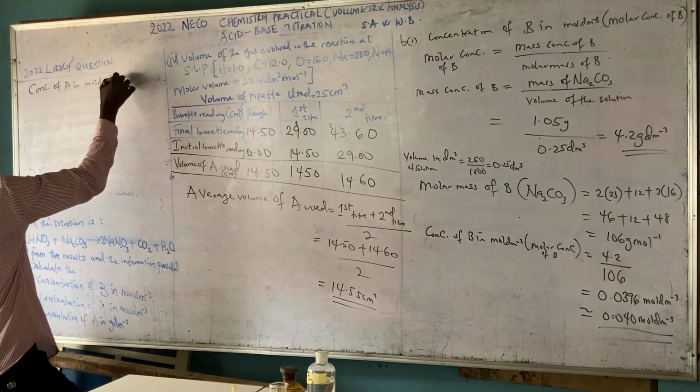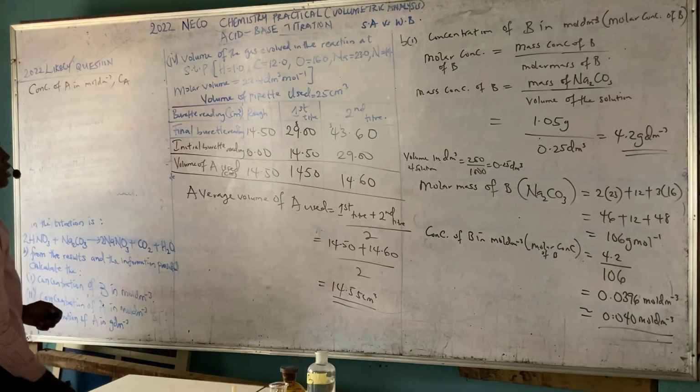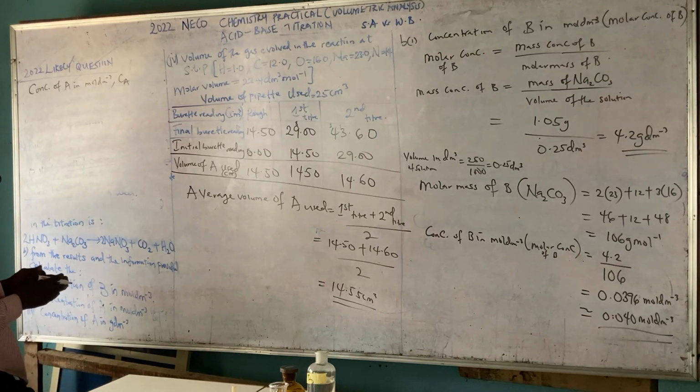That is Ca. Now how do you go about this? You have to look for the concentration of A in mole per dm cube.